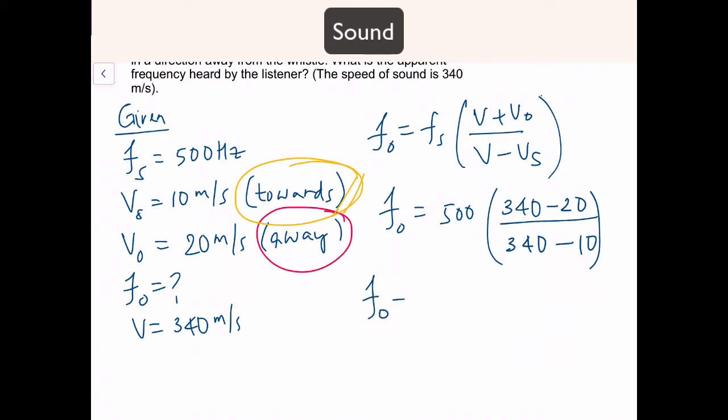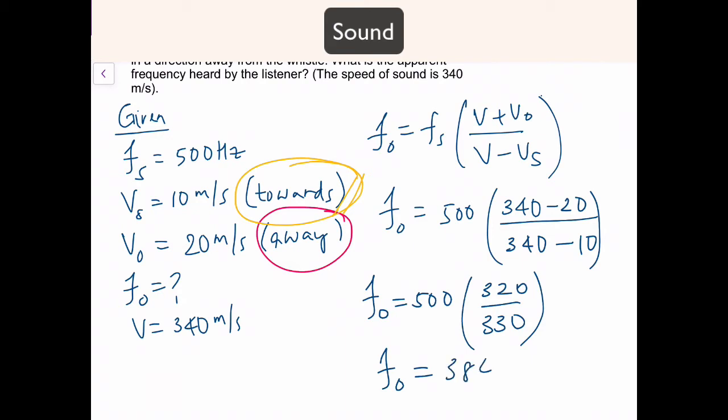So the apparent frequency is going to be 500 times 320 divided by 330. So F naught, if you plug in those numbers in your calculator, is approximately 484.8 Hertz.